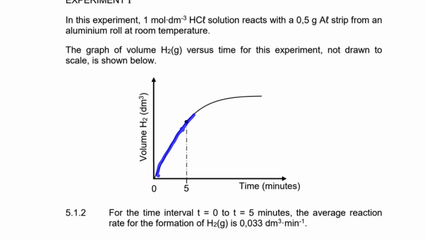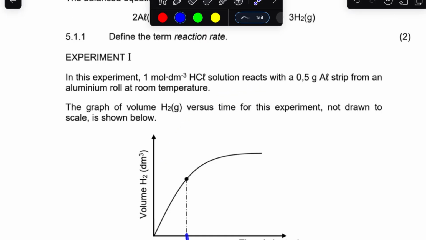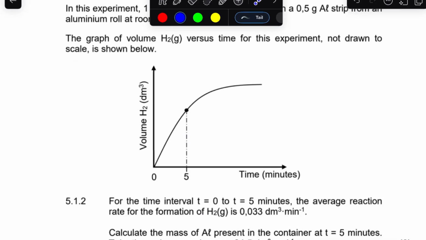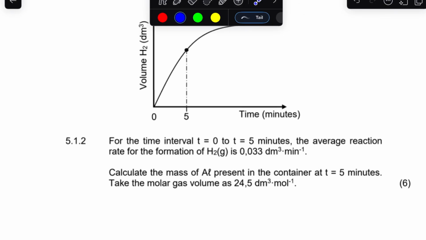But what we see in the graph is that we are only told that at 5 minutes there's an amount of volume that we need, produced when the reaction was not complete. Remember, the reaction will be complete later. But at 5 minutes, we needed that volume. What was the amount of volume produced at that time? But the question is not asking for that.